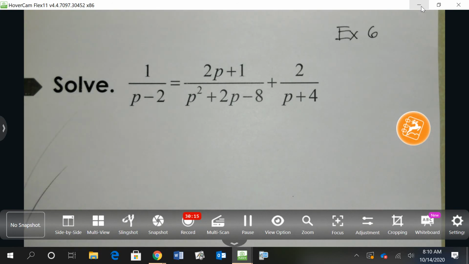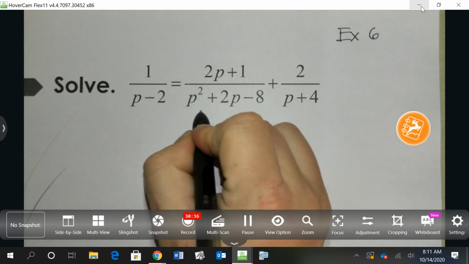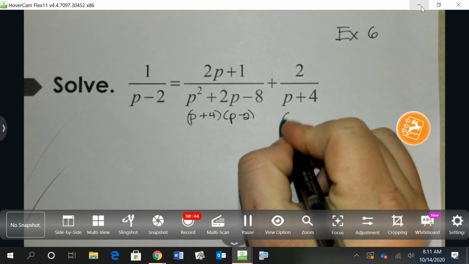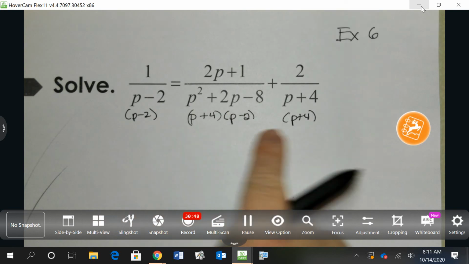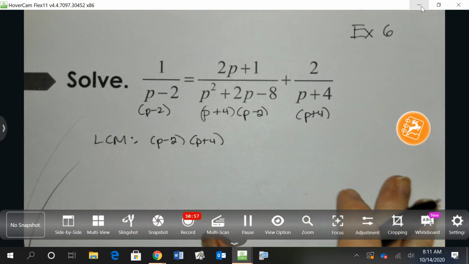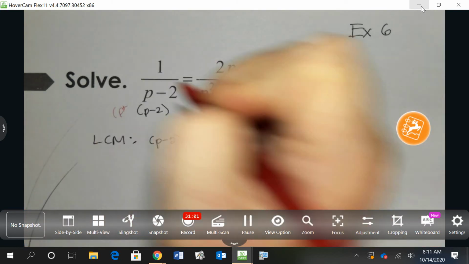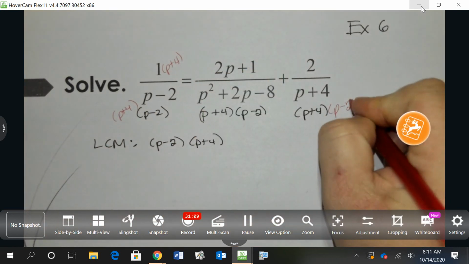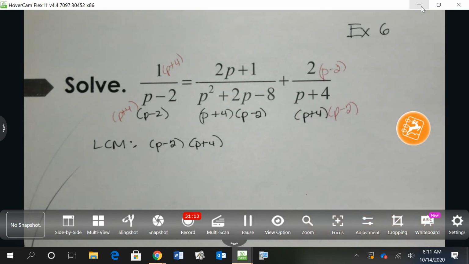You're going to get a fractional answer, and that's okay. This would be... Remember when you attach something to make sure it goes in parentheses.